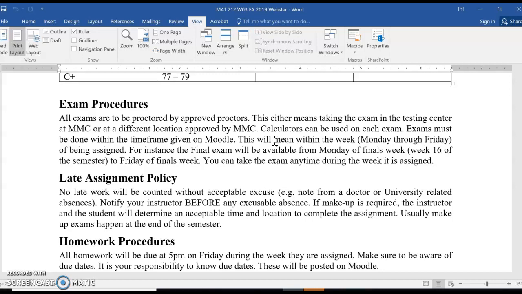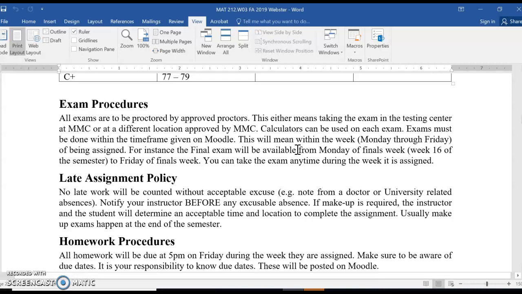So basically, a week out before the first test, if you are going to take it somewhere other than Mid-Michigan College, then you need to let me know. You need to make sure that the proctoring site knows, and you need to give them my contact and give me their contact, if that makes sense.